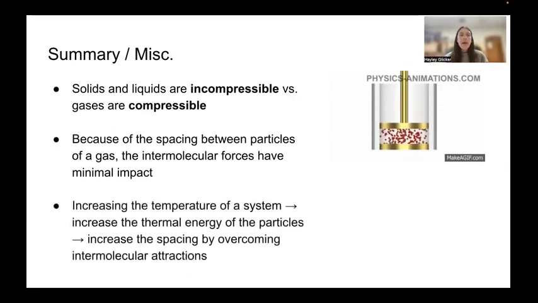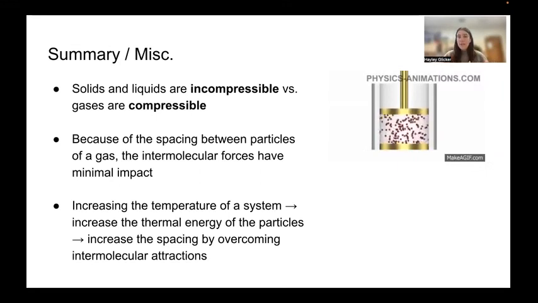And lastly, something that is analogous to what we've seen in our previous lecture video: if I increase the temperature of my system, ultimately that gives my particles thermal energy, which means that they have a higher kinetic energy as well. If they have a higher thermal energy or higher kinetic energy, this ultimately increases the spacing, which allows them to overcome intermolecular attractions.